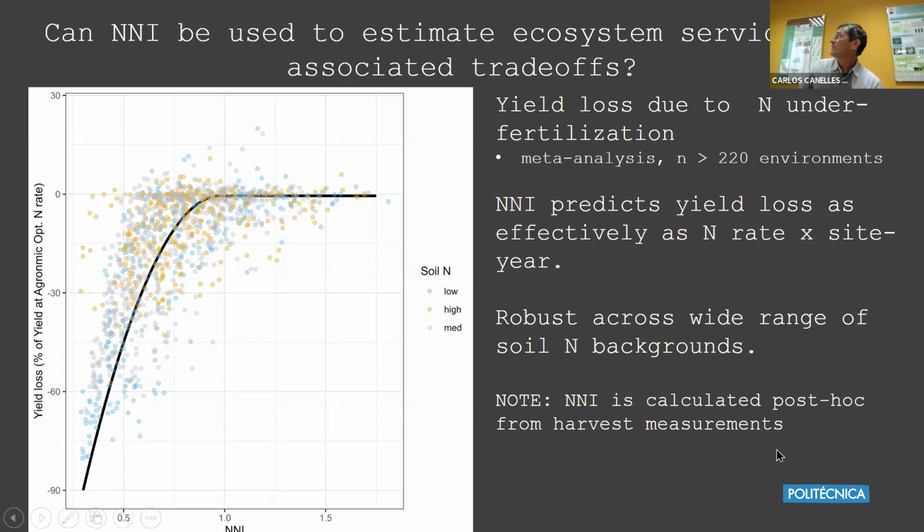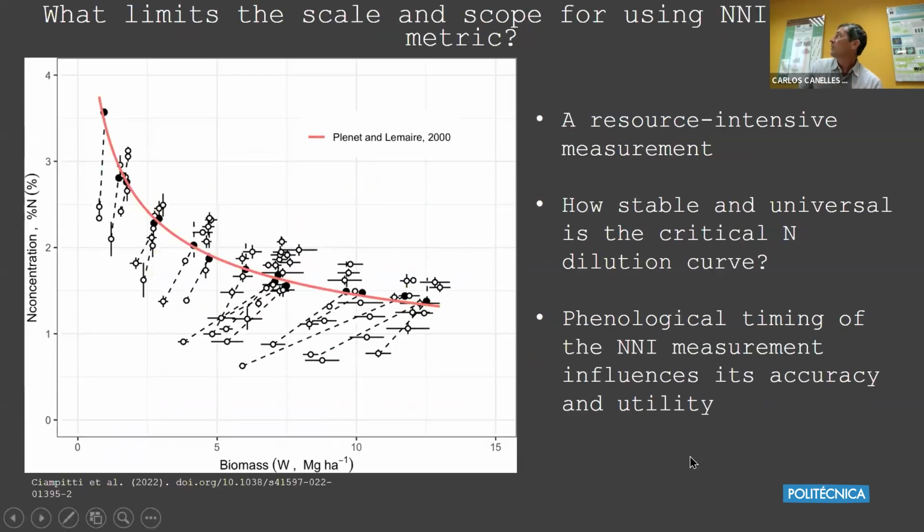That brings us to, why don't we have more NNI data? Well, it's really hard to measure. And so we had to use the data we had, which was a bunch of grain data. And the phenological timing of that measurement really matters a lot. You've probably seen that in some of the NNI literature. Anthesis seems to be the ideal time to measure it.